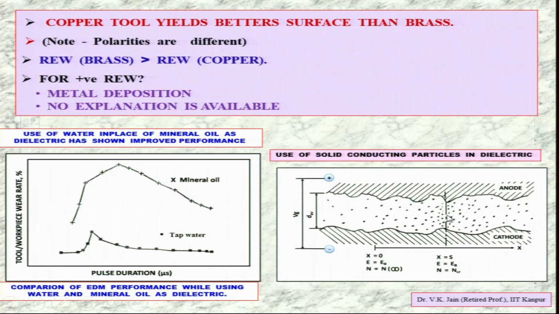They try to reduce the strength of the dielectric, and if dielectric strength is reduced, then definitely the material removal rate will decrease, because the strength of the spark will decrease, because breakdown will take place at lower voltage.